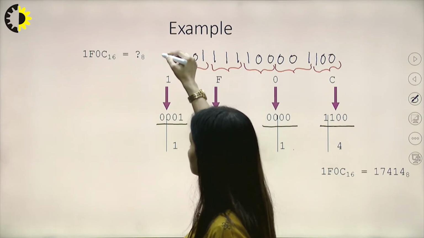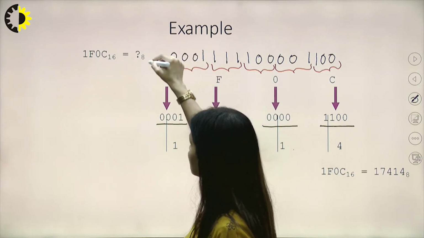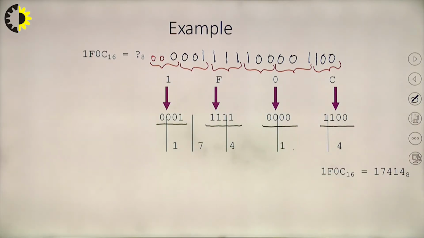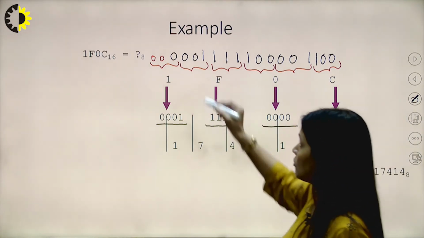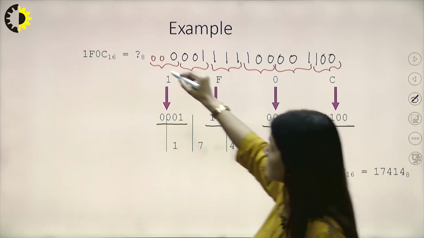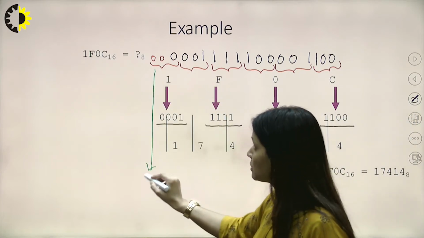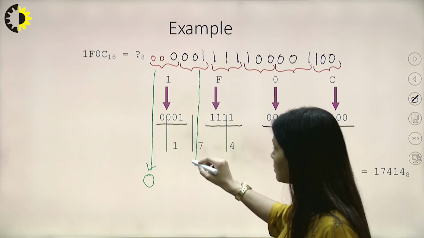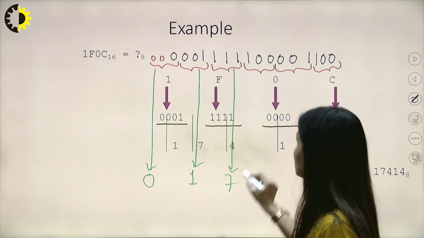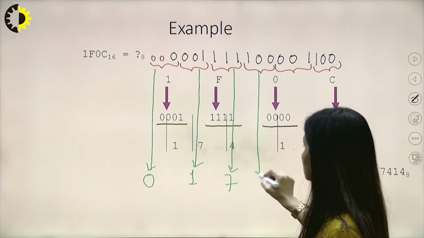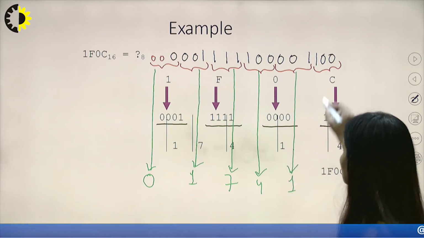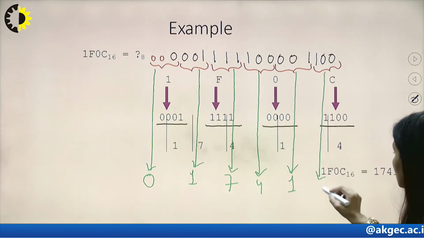Now I will write the value for each group: this as 0, this as 1, this as 7, this is 4, this is 1, and this is 4.